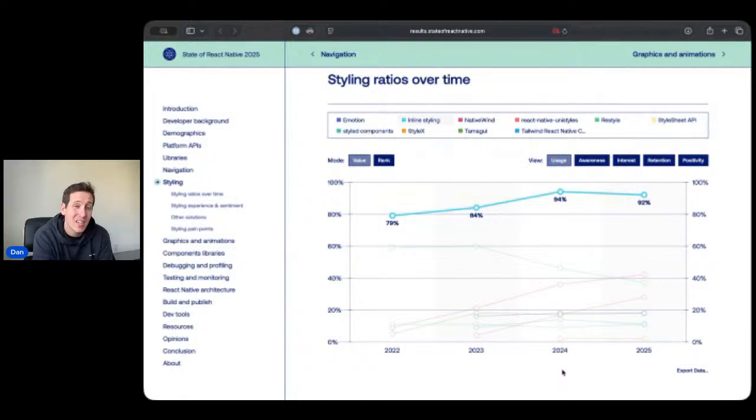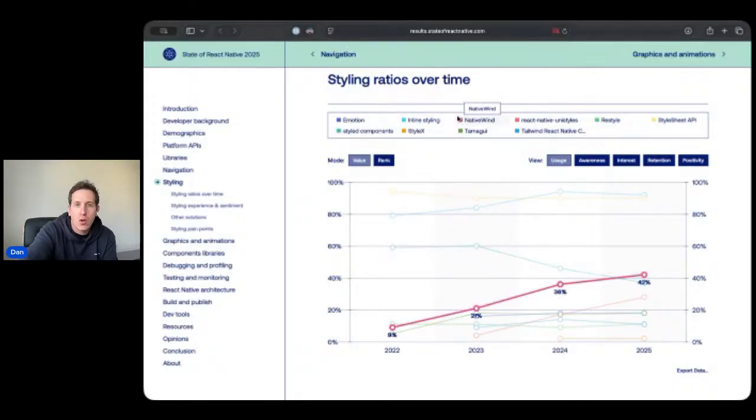Now we're up to 700,000. So within a 6-month time window, half of the downloads that Nativewind is seeing today have been introduced since September. And that's going to become really important moving forward.